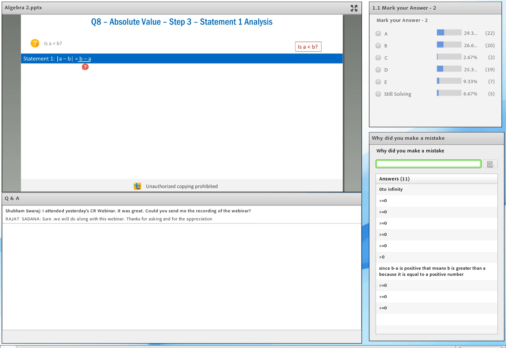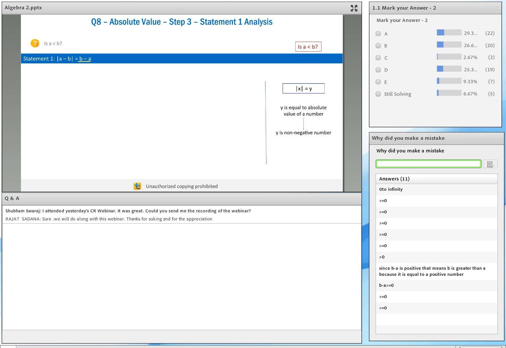So what's the first statement? The first statement is that absolute value of A minus B is equal to B minus A. All right. So let's focus on the left hand side. When we say absolute value of x is y, then there are two possibilities. One is that y is equal to 0 or y is positive.